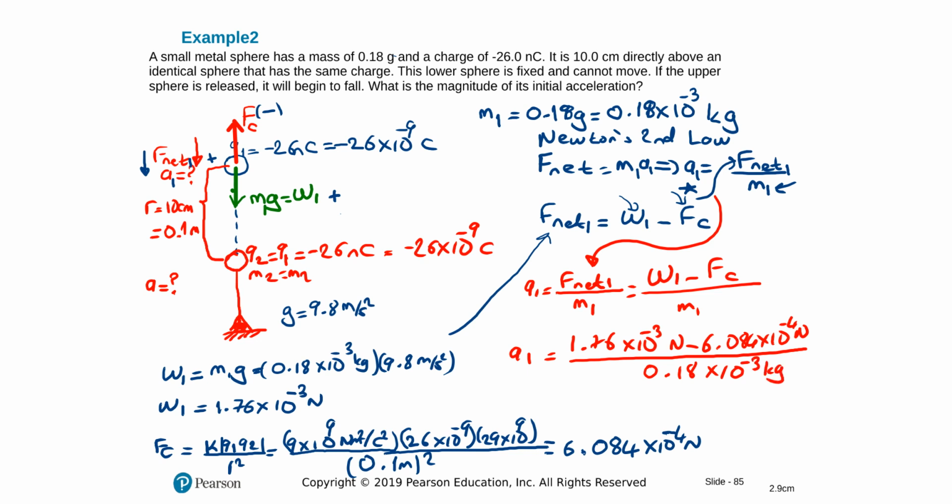Newton over kilograms, so A will be in SI units. Everybody is in SI units. And A should be 6.42 meters per second squared. And here you go. It's down.